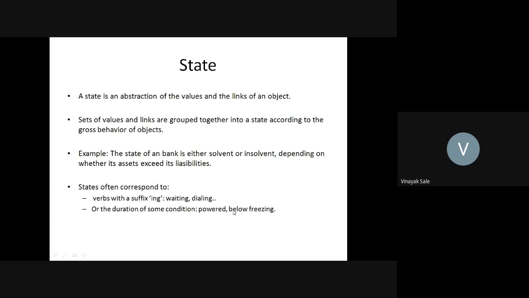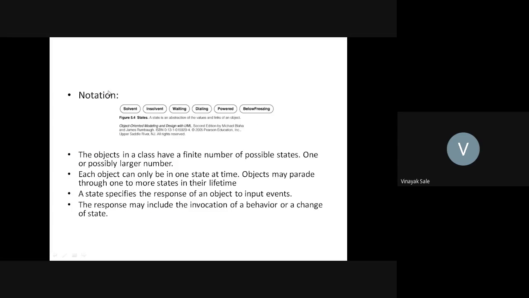These are the states. So the notation of states: solvent, insolvent, waiting, dialing, powered, below freezing.